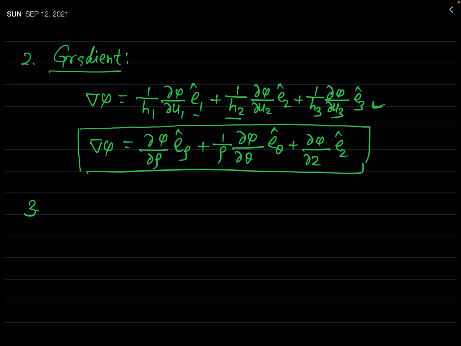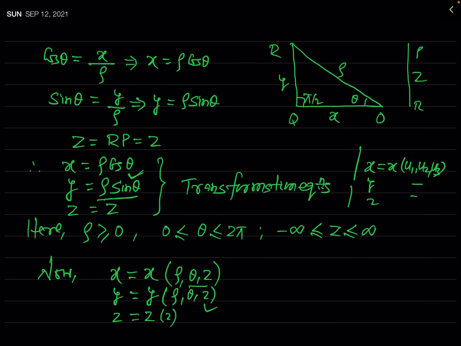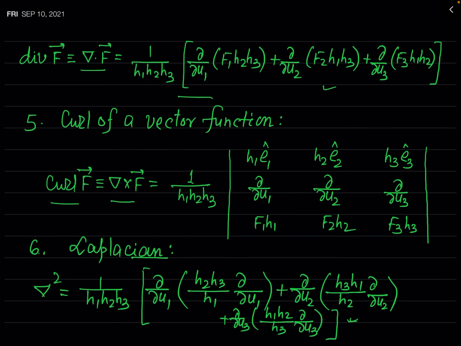Now we will see the expression for divergence of a vector function in the cylindrical coordinate system. So how will it be defined? You know the general expression for divergence of a vector function in an orthogonal curvilinear coordinate system.